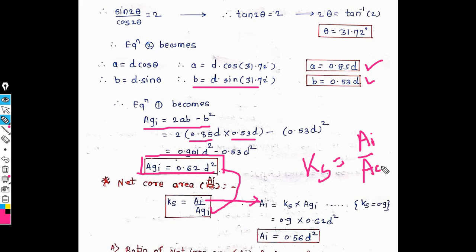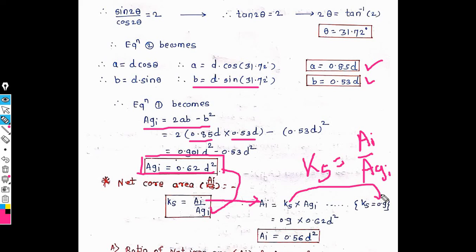Rearranging, AI is equal to KS into AGI, but the stacking factor constant value is 0.9, and I have already covered this concept of stacking factor in a previous lecture.